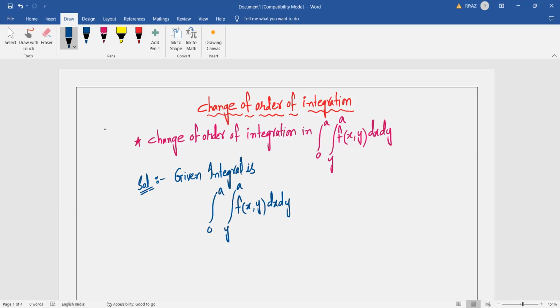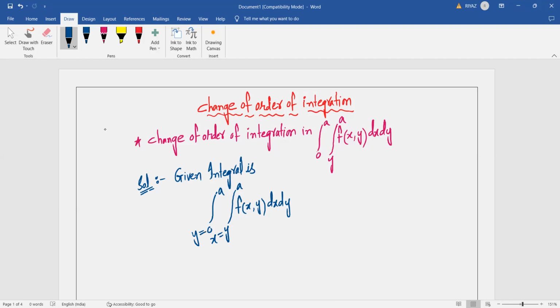Now you see the second limit is in terms of y, right? In terms of y means obviously it is the limits of x. Once it is the x limit, definitely the first one is the limits of y, right?